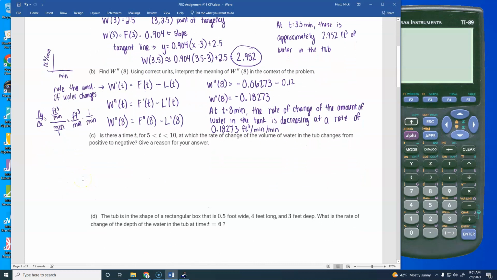All right, is there a time t from 5 to 10 at which the rate of change of the volume of water in the tub changes from positive to negative? Give a reason for your answer.